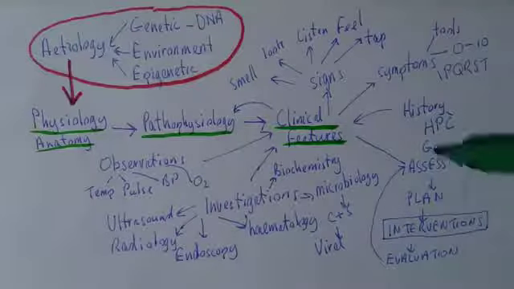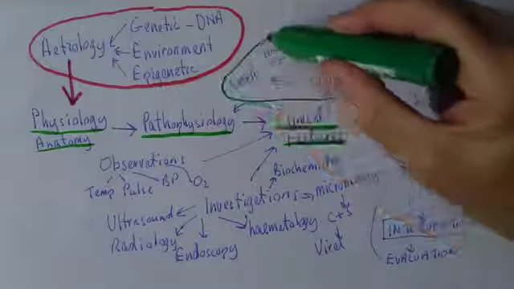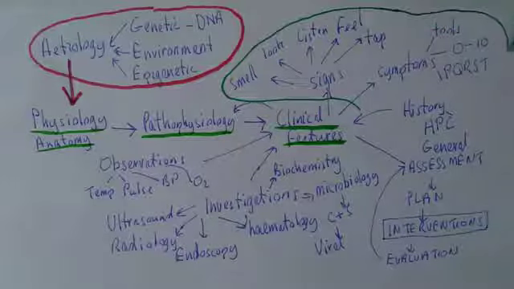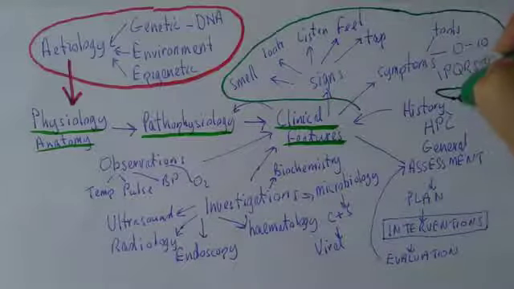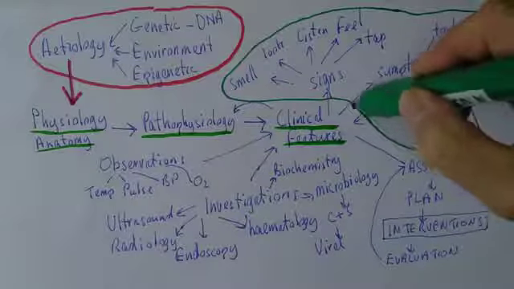We know that we need to assess patients by physical examination skills, signs, symptoms, and we need to be able to talk to our patients in clear, coherent manners, and we need to get historical information from our patients.